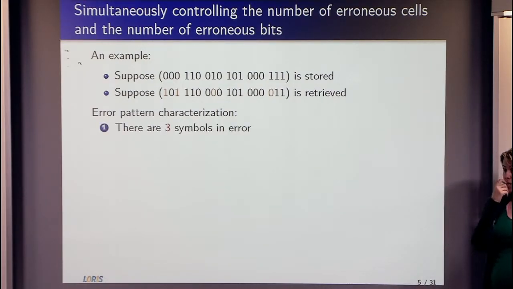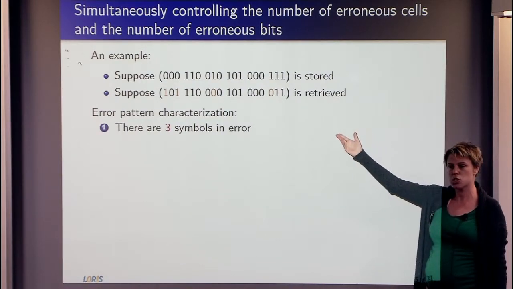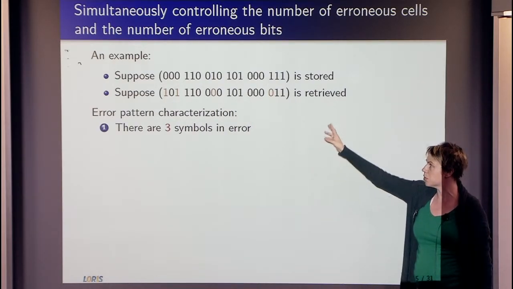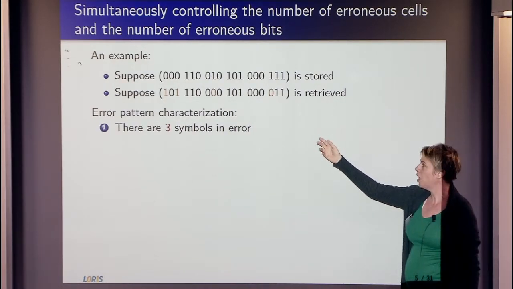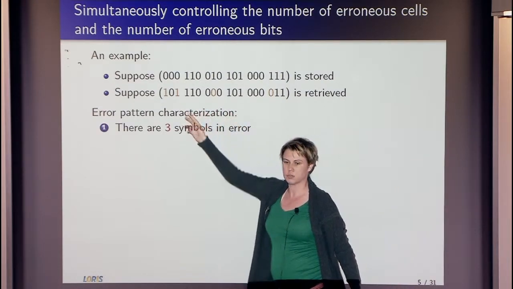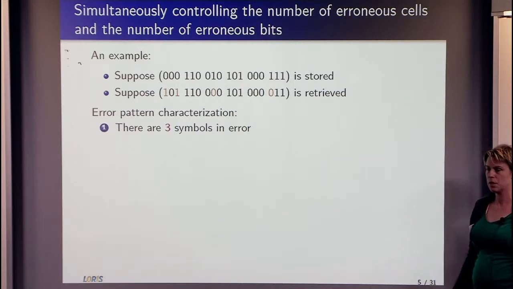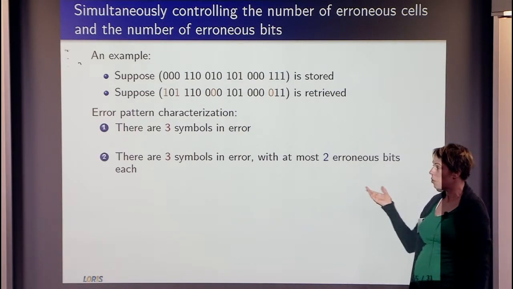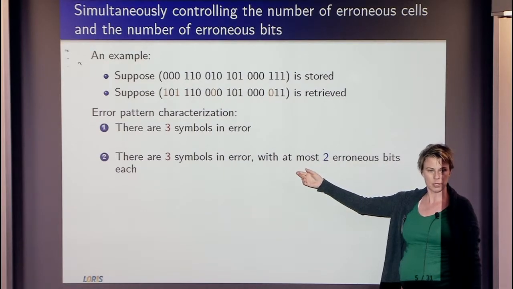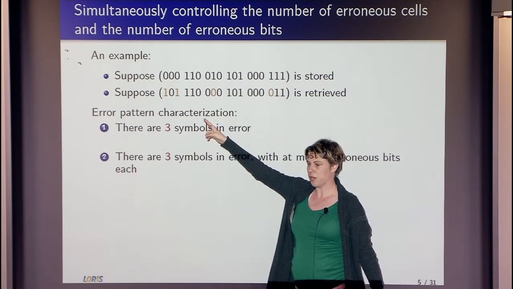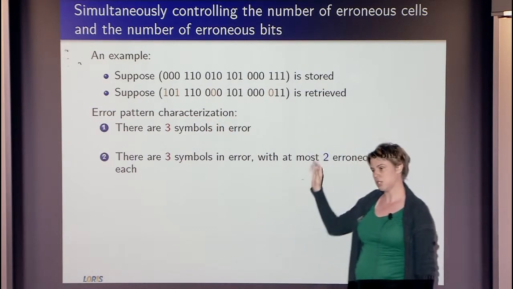There are many different ways in which you can characterize these types of errors. You can say, let me just look at them at a symbol level, in groups of 3. You can say there were 3 symbols in error, namely, I'm just looking at the collection of triplets that have experienced some errors. There are 3 of them. Now I can be a little bit more refined and say not only were there 3 symbols in error, but whenever an error occurred, at most 2 bits were in error, based on this example.